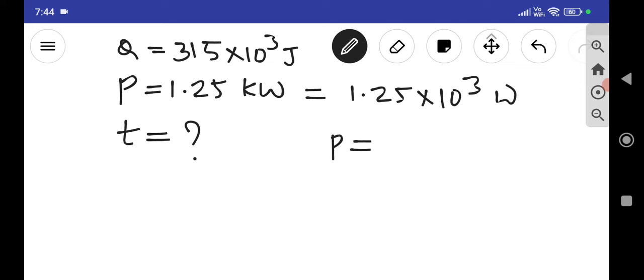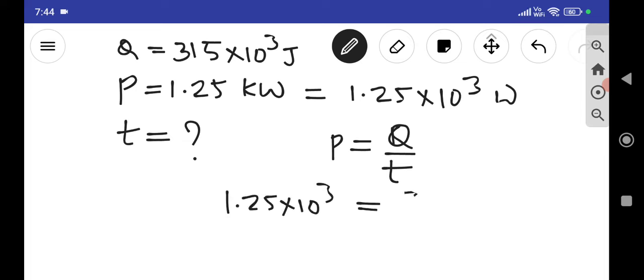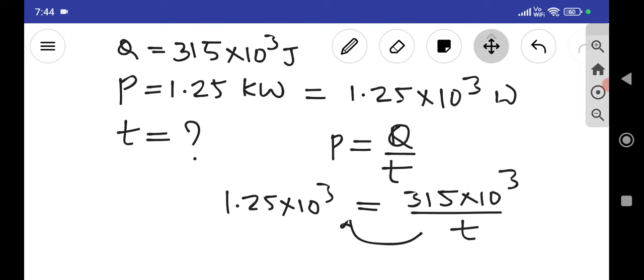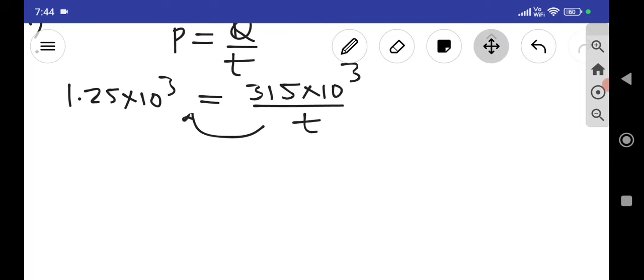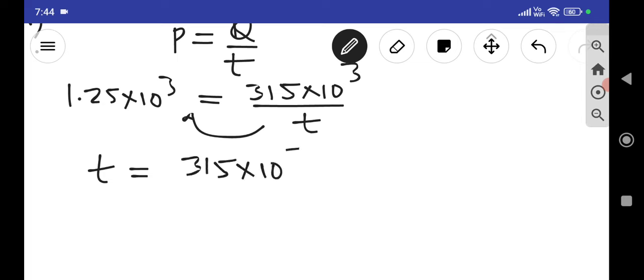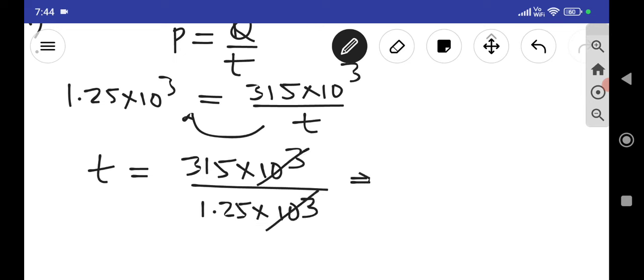Substituting that, P is equal to Q by T. Power 1.25 into 10 to the power of 3 is equal to 315 into 10 to the power of 3 divided by time. Send it to the other side and we get time is equal to 315 into 10 power 3 divided by 1.25 into 10 power 3. This 10 power 3 gets cancelled out and you get 252 seconds.